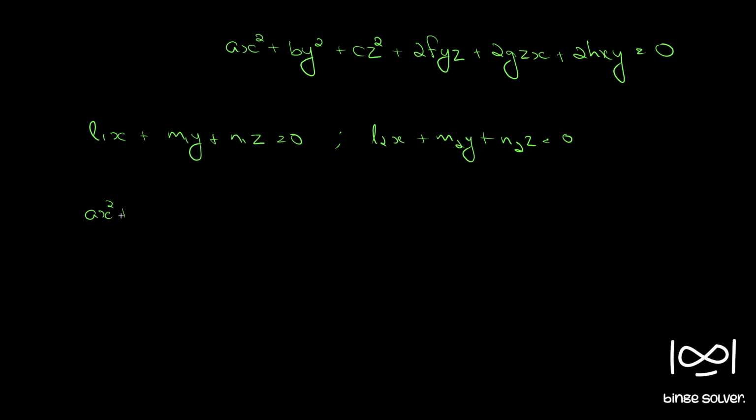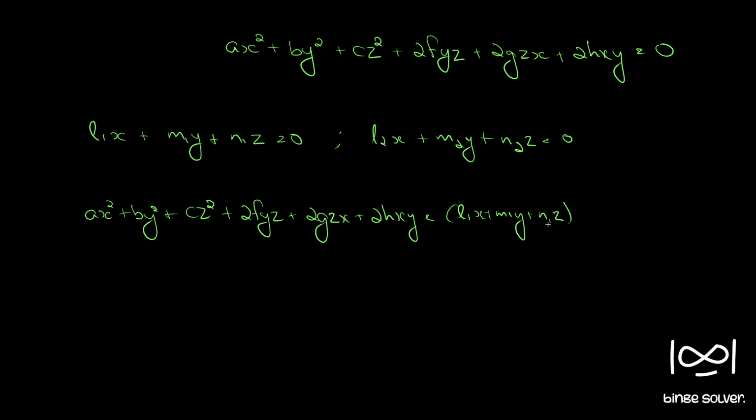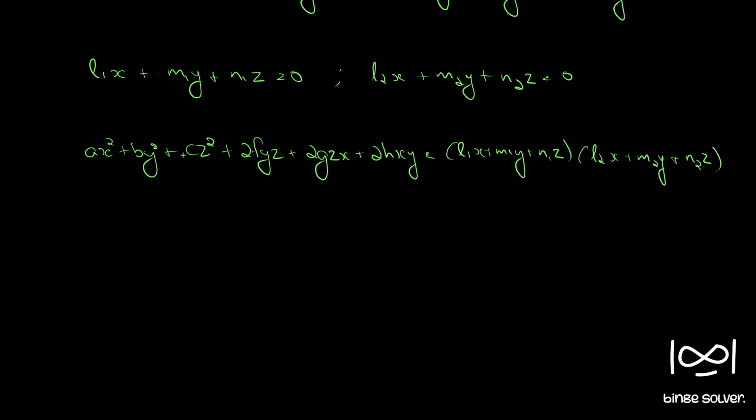That means ax² + by² + cz² + 2fyz + 2gzx + 2hxy = (L1x + M1y + N1z)(L2x + M2y + N2z). Now we can compare the coefficients of x², y², z², and get a few conditions.